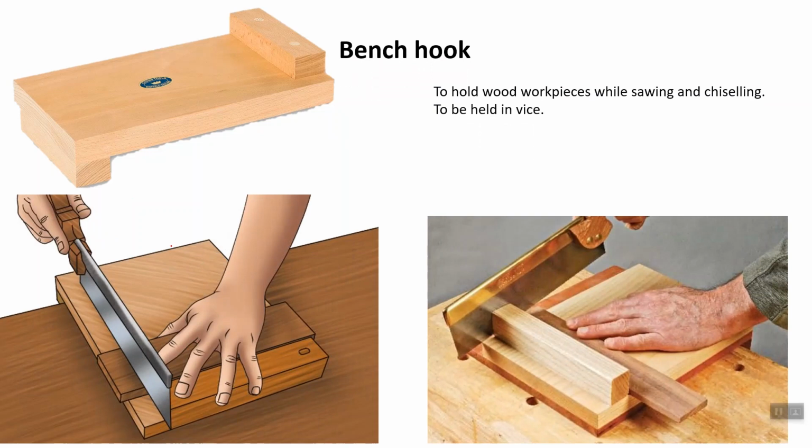So you clip it on the workbench here, and you push your workpiece against this stock here, and you can cut easily. The bench hook holds workpieces while sawing and chiseling. It can also be used in a bench vise.